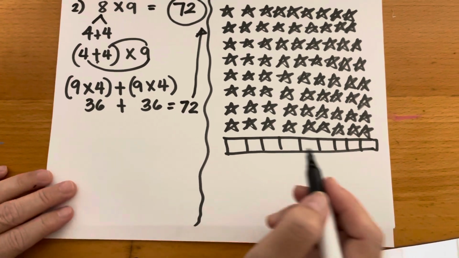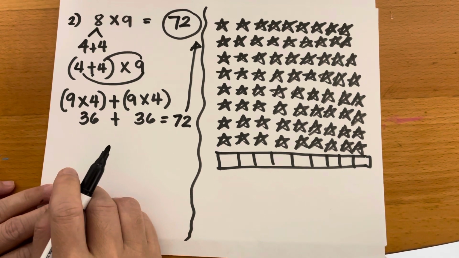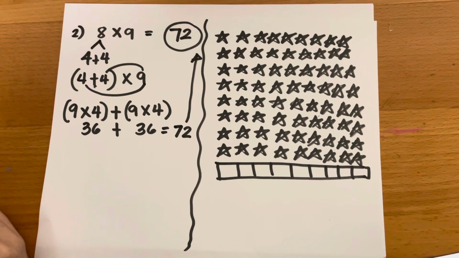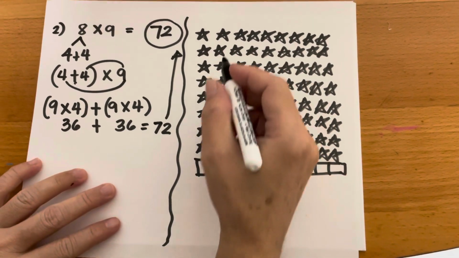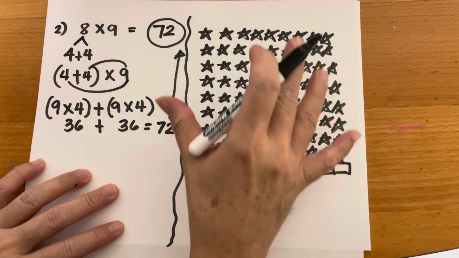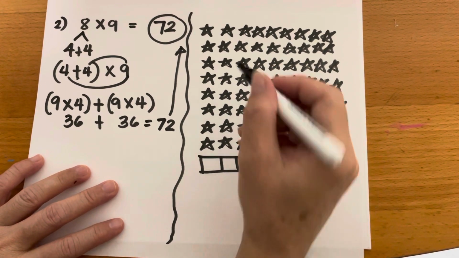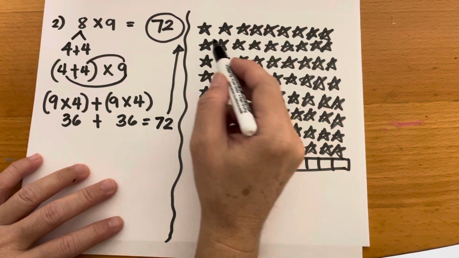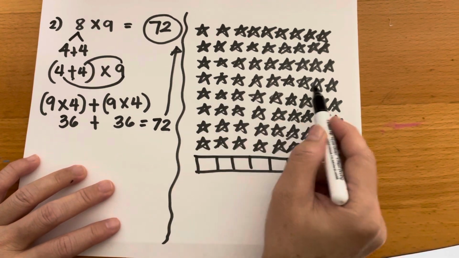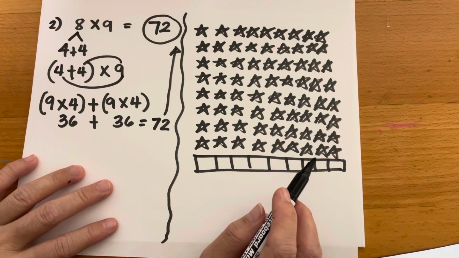Now strategy number 2, use counters to solve this problem, and again using the distributive property. Step number 1, break your counters into 2 groups. So how many rows do we have? 1, 2, 3, 4, 5, 6, 7, 8. 8 rows of 9.